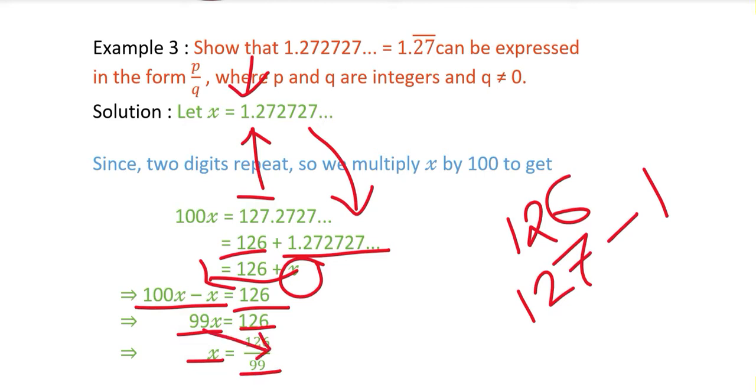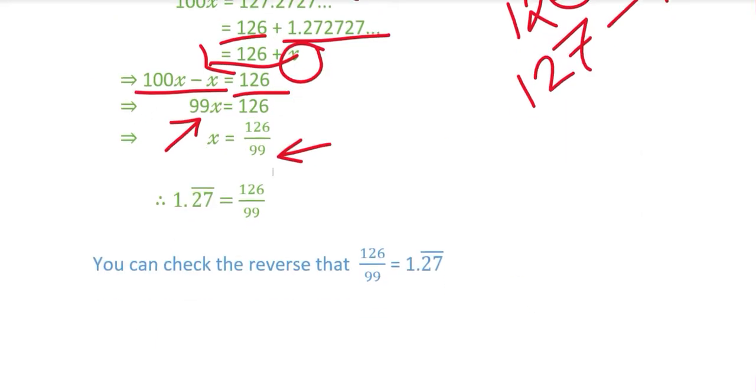How and why does it go to the denominator? It goes to the denominator because on the left it is getting multiplied, so on the right it should be divided. Okay. So what is our answer? 1.27 bar is equal to 126 by 99.